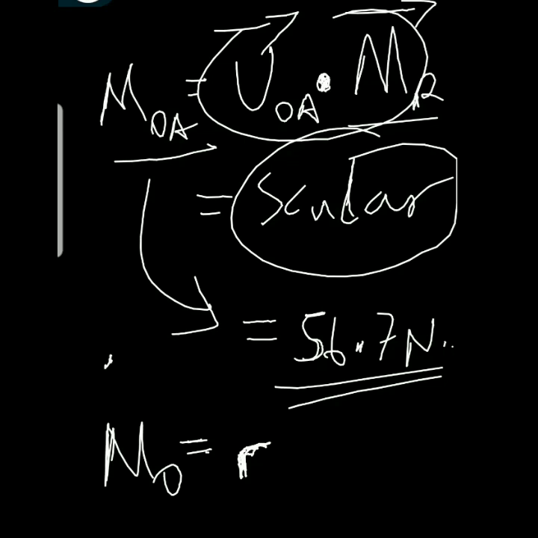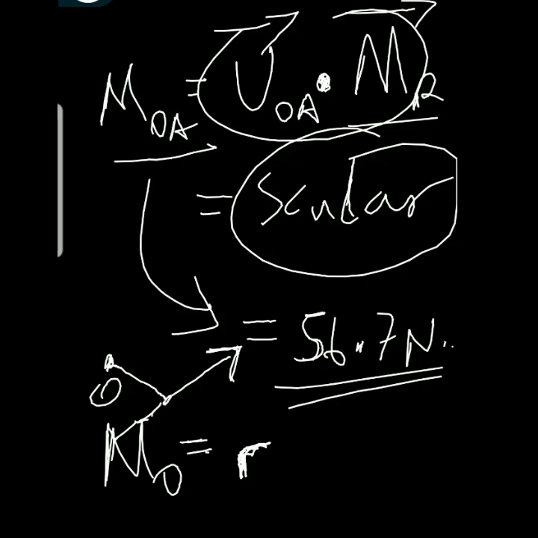If this is our O and we've got a force acting in this direction, we determine the position vector of the line joining the point O to the line of action of this force.